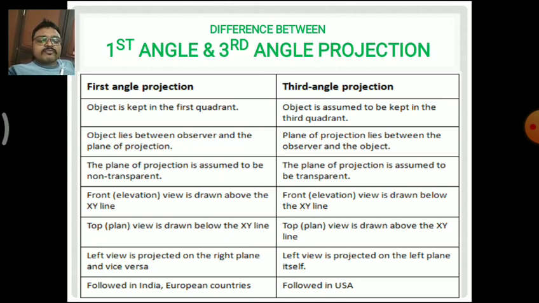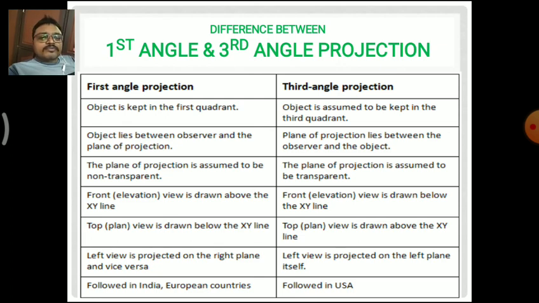So first of all, when drawing the chart of the basic views of the picture given there, we draw these sections. Sometimes students get confused between first angle and third angle projections. When the question is on third angle projection, they draw the front view above the XY line, which is a wrong answer.